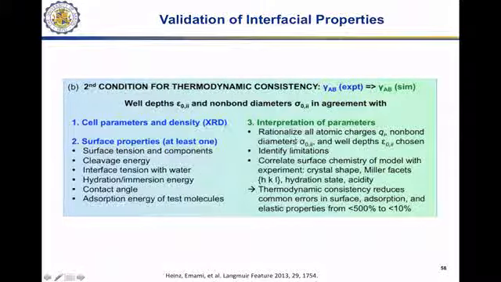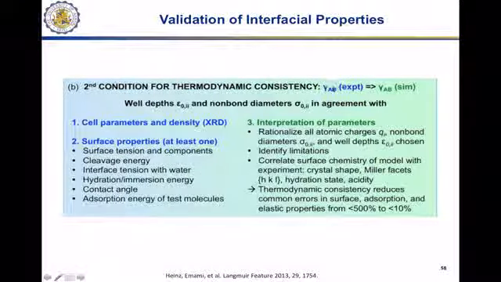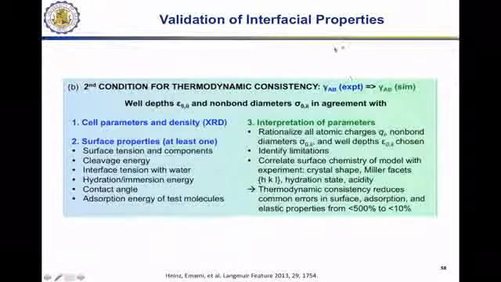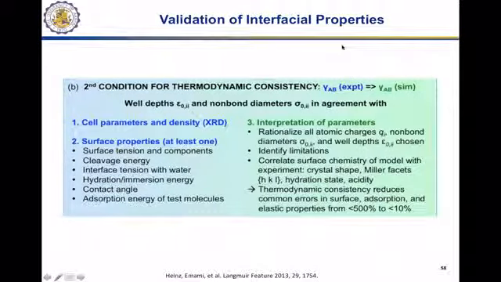Validation of interfacial properties is very important, because then we also have data on how well a cleavage energy or hydration energy or an interfacial energy is reproduced. And most of the time we see, for example, that if we reproduce a cleavage energy correctly, then even the mechanical properties, like Young's modulus or bulk modulus, are in very good agreement with the experiment.